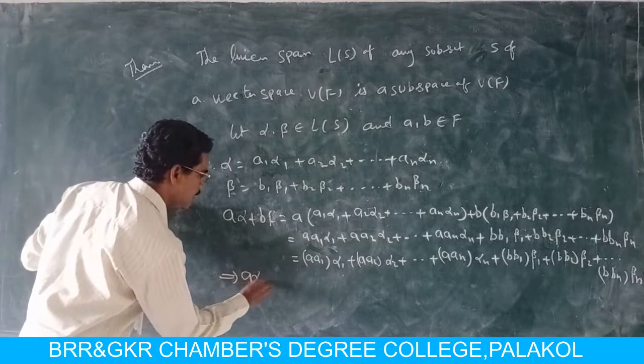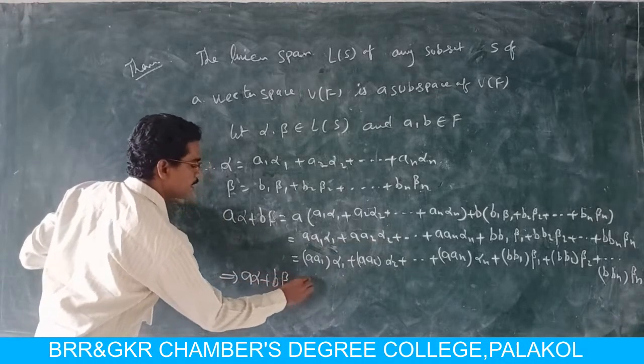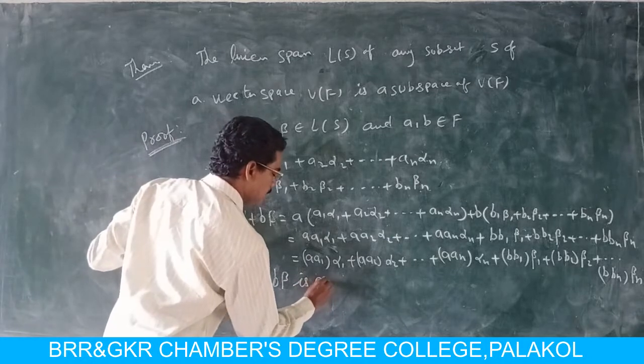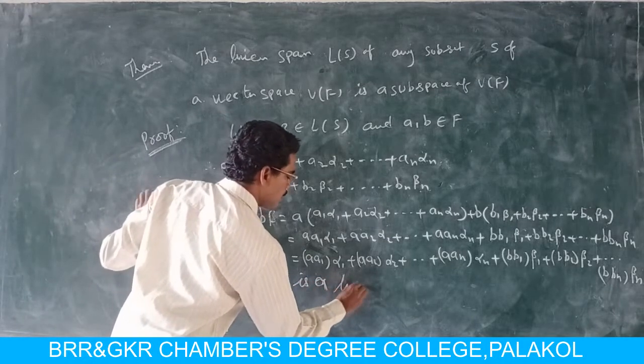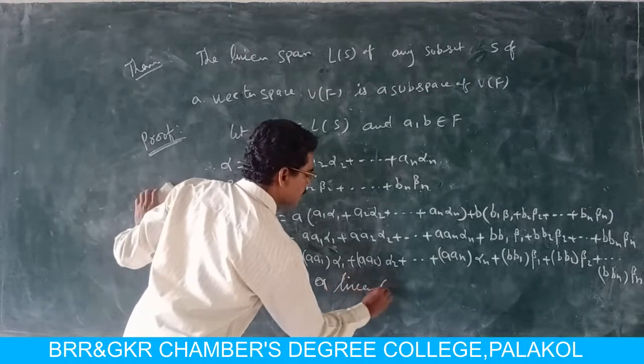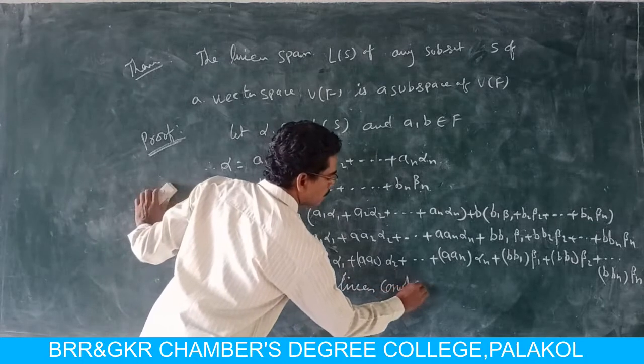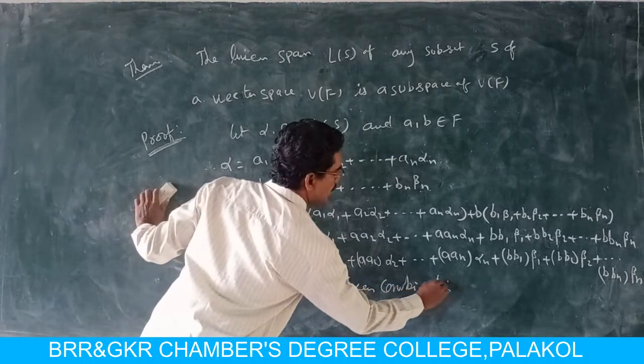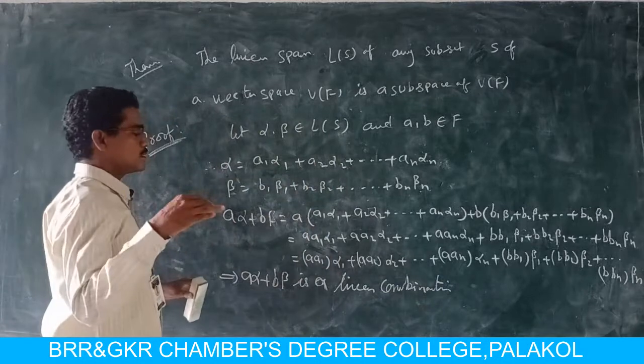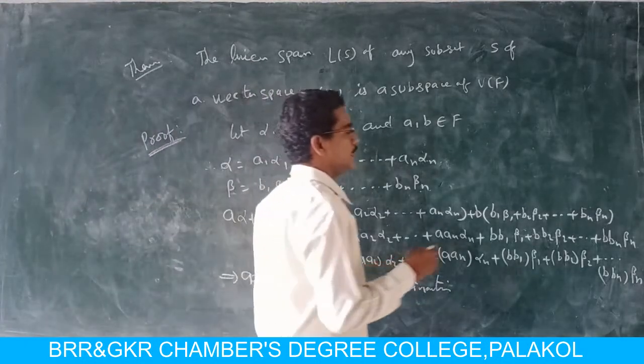Implies a alpha plus b beta is a linear combination. What is the meaning of the definition of the linear combination?